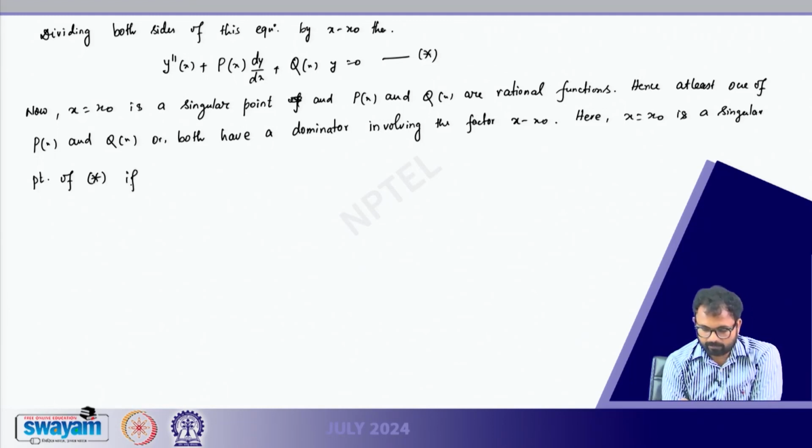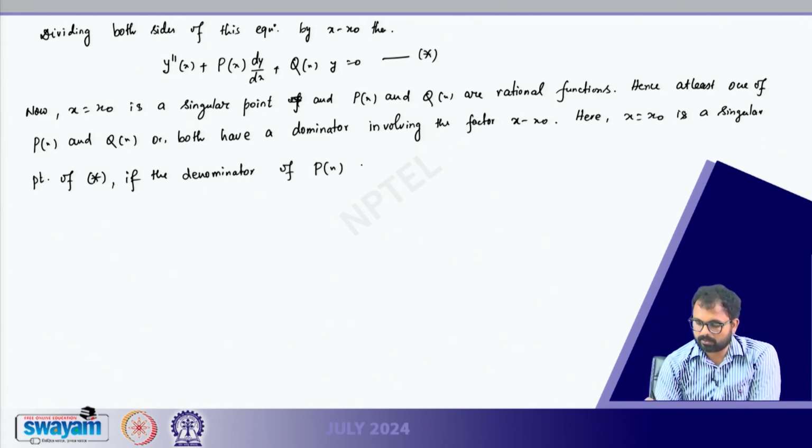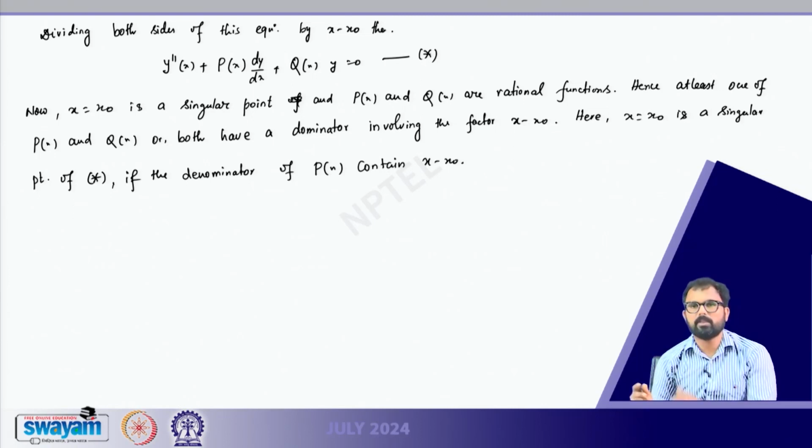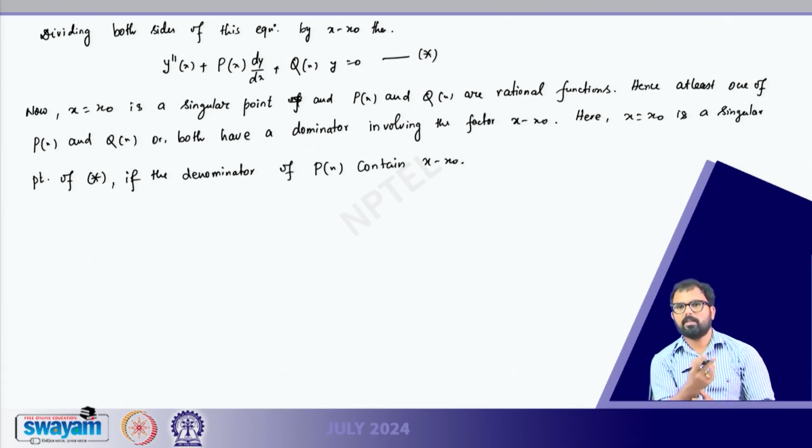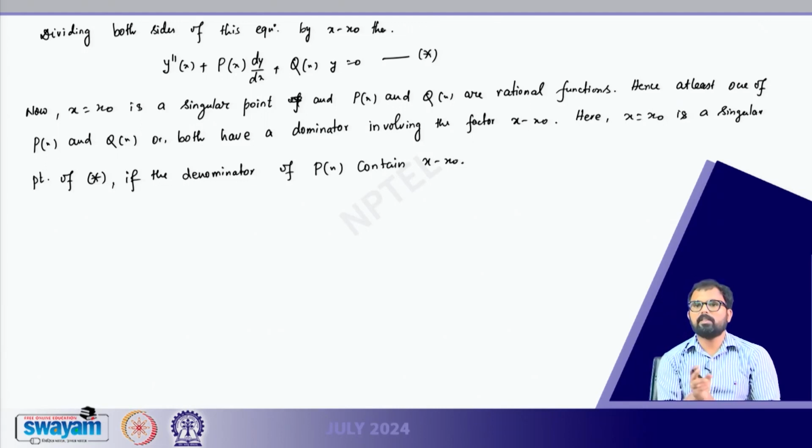if the denominator of P(x) contains x minus x0, obviously, because then you multiply by x minus x0 on all sides of the equation, and the leading coefficient will then involve x minus x0.